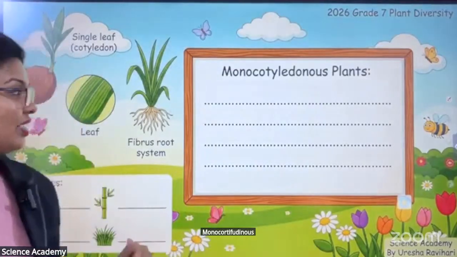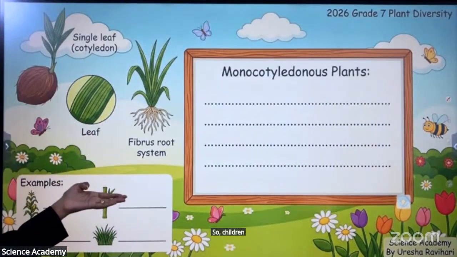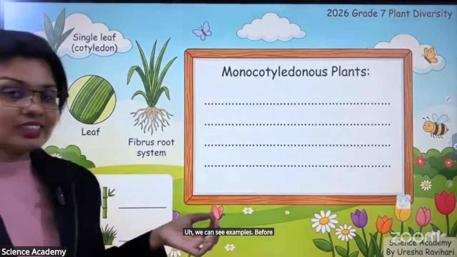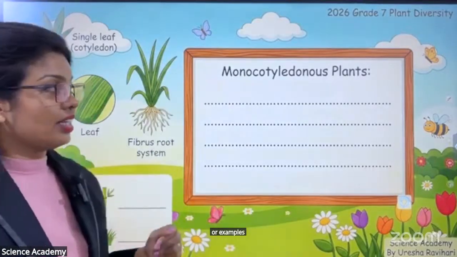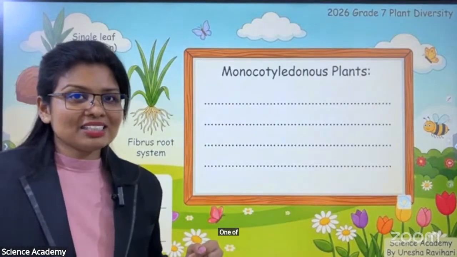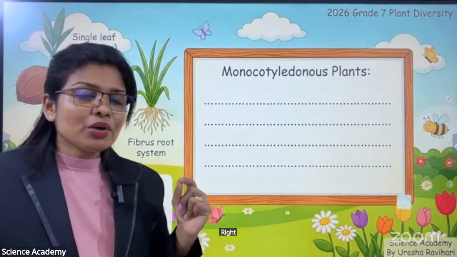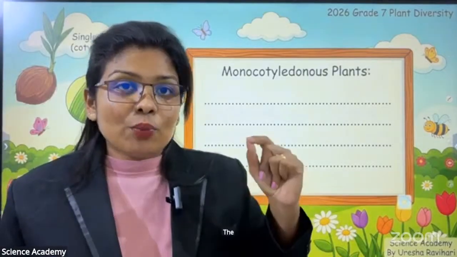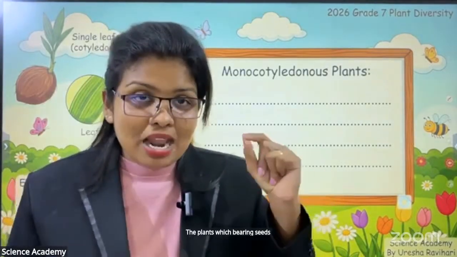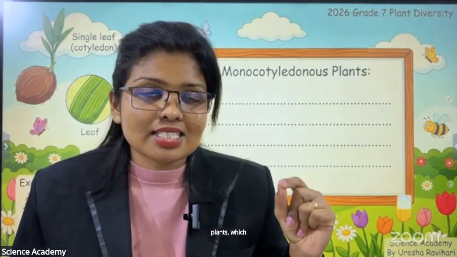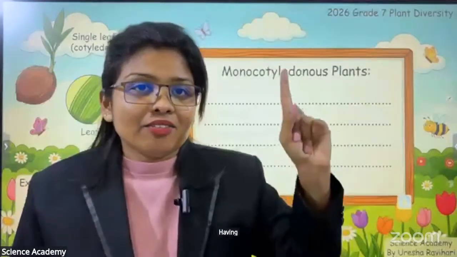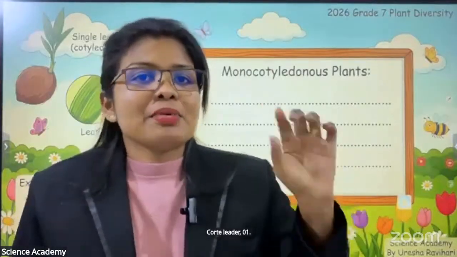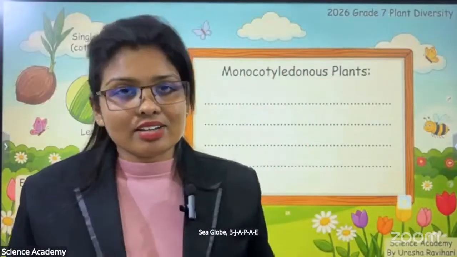Monocotyledonous plants, children. We can see examples. Before we discuss examples, we'll define. Monocotyledonous plants means the plants which bear seeds having one cotyledon or one seed lobe.